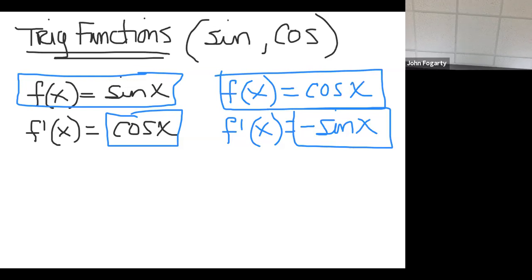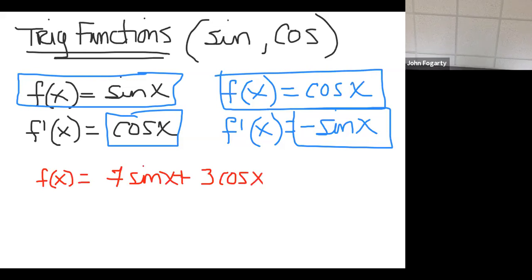So, for example, f of x equals 7 sine of x plus 3 cosine of x.